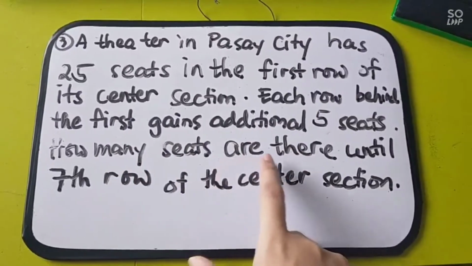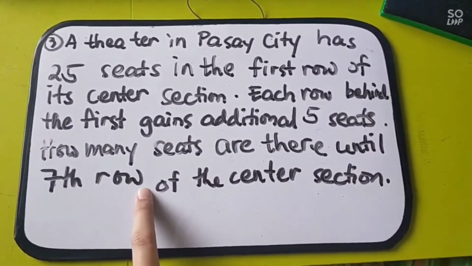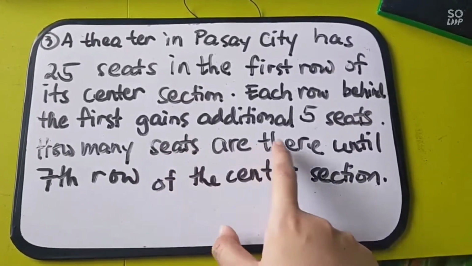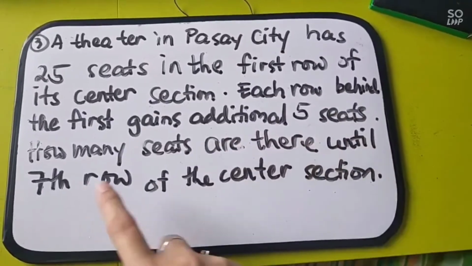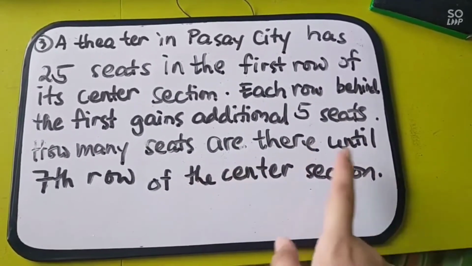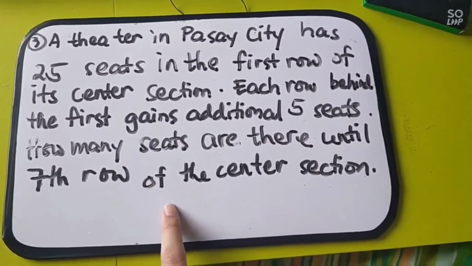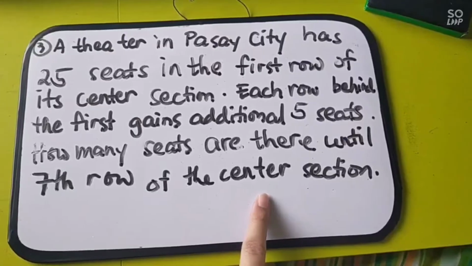It says, how many seats are there until the 7th row? It is not saying, how many seats are there in the 7th row? It says, how many seats are there until the 7th row? So, meaning from the 1st row until the 7th row, how many seats are there. So, since it is from the 1st row to the 7th row, you will add, a sum.